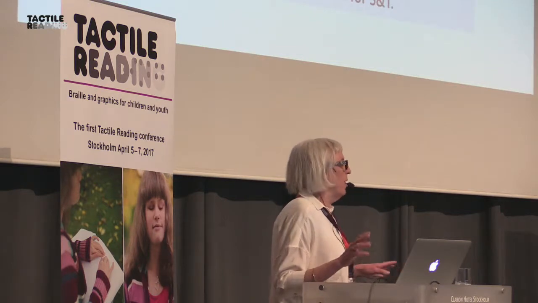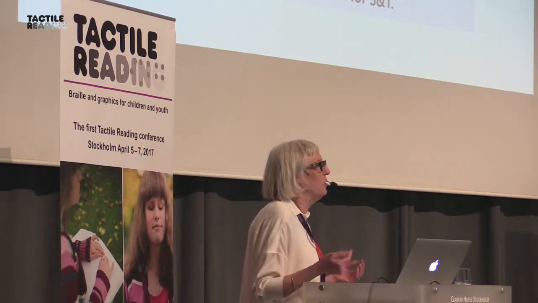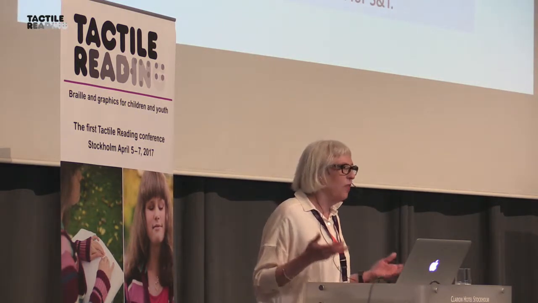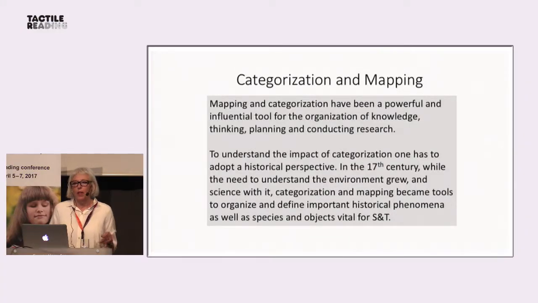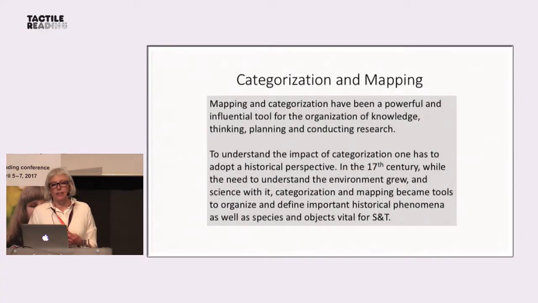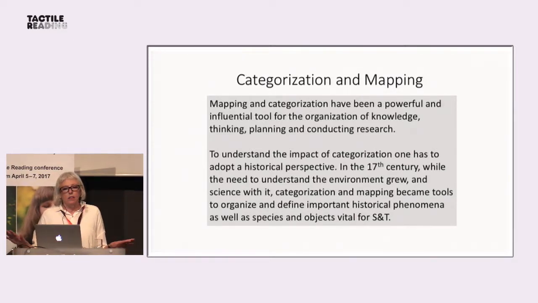We are very, very eager, so to say, to categorize and to map. And mapping and categorizations have been a powerful and influential tool for the organization of knowledge, thinking, planning, and conducting research. And to understand the impact of categorization, one has to adopt a historical perspective.